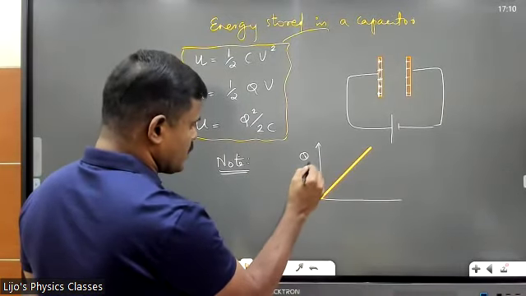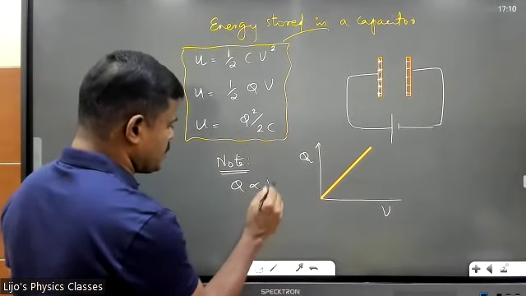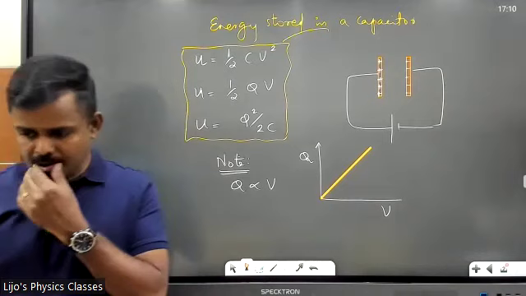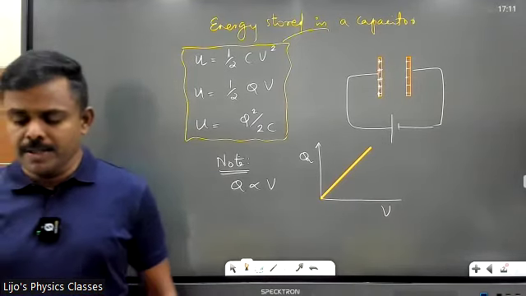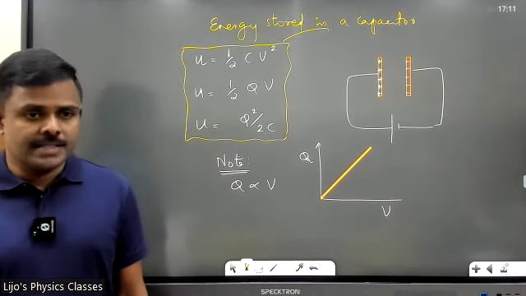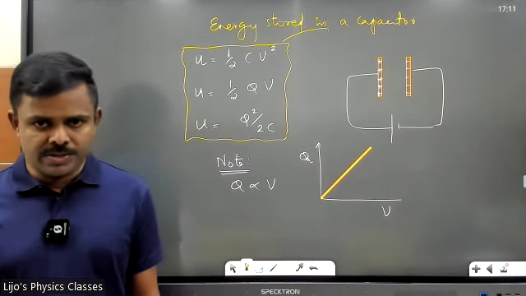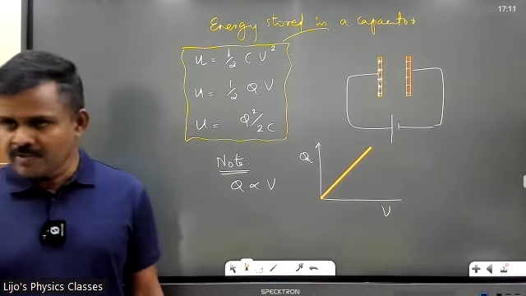And U is equal to Q square by 2C. Energy stored is U is equal to half QV, half CV square, and Q square over 2C. Then write the note also. We will do the questions now.